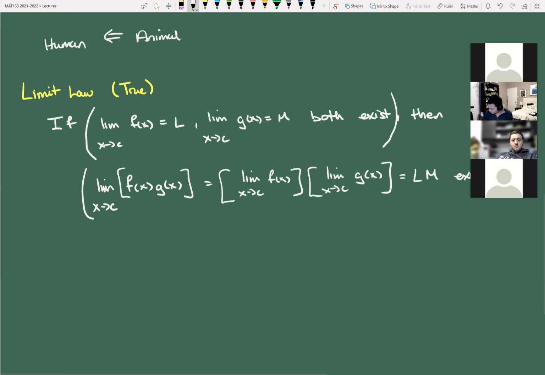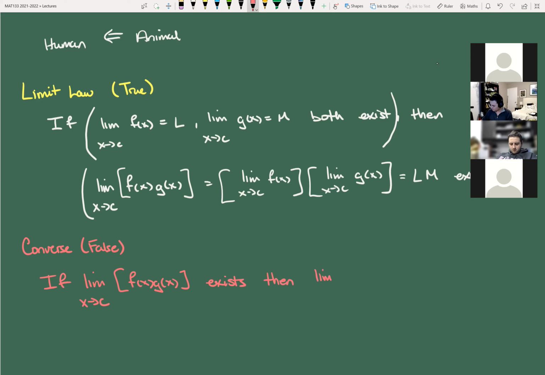The converse here, which is false, is the statement: if the limit as x approaches c of f of x times g of x exists, then these limits exist.